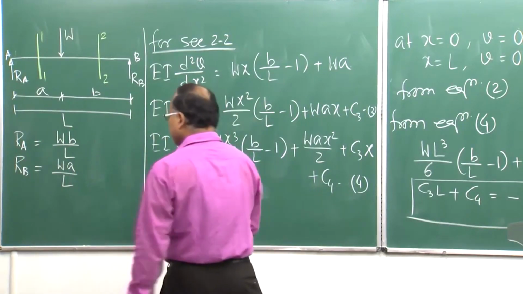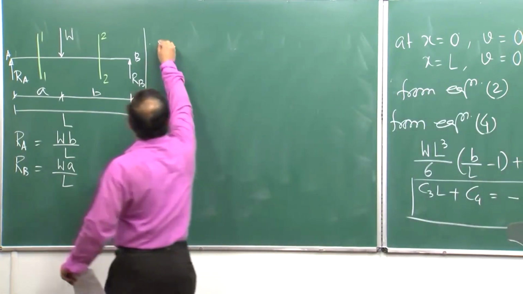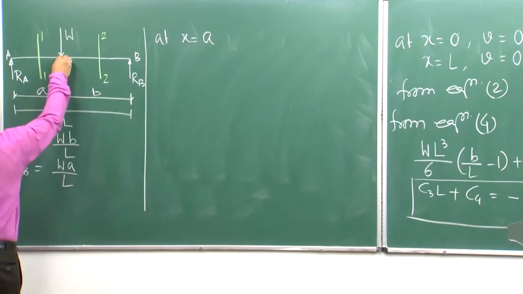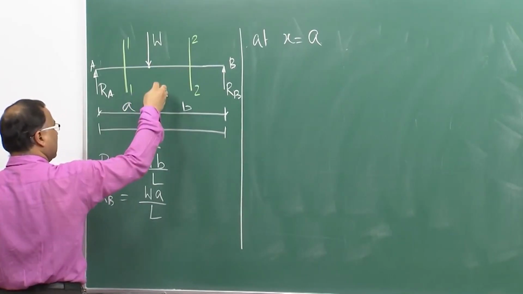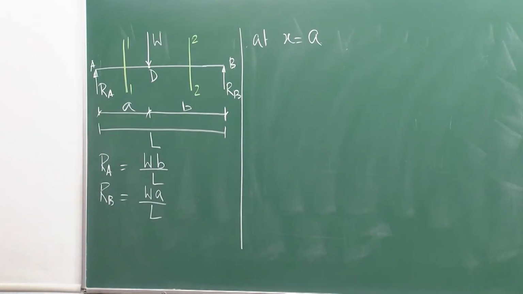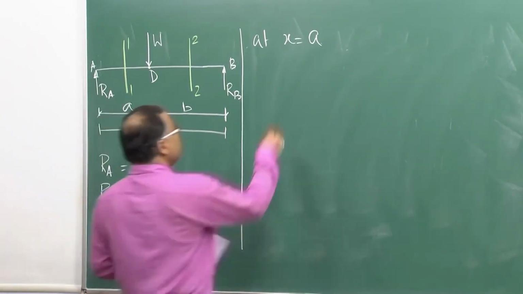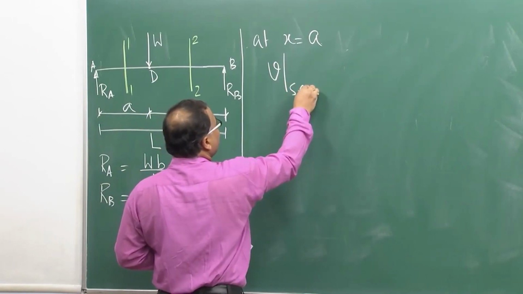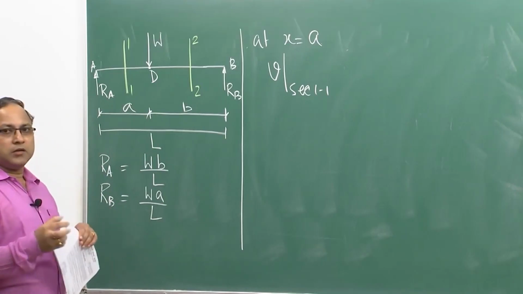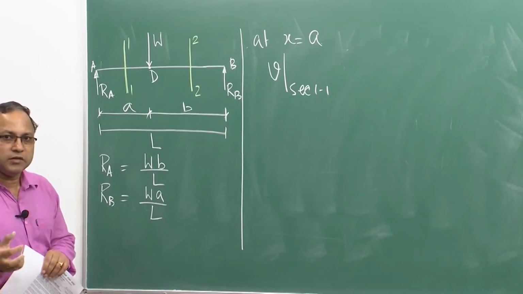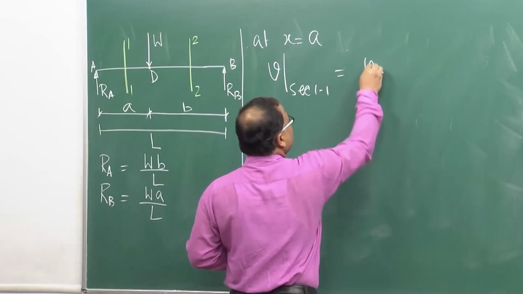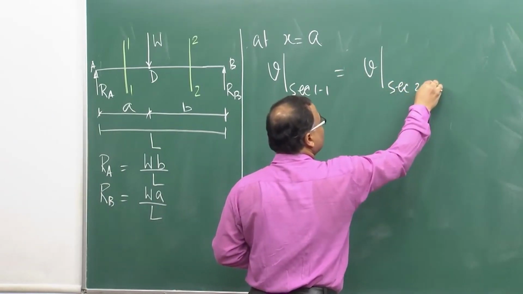Now, at x equal to a, that means when you are at point D, V from section 1-1, that means the deflection for section 1-1, should be equal to the V calculated from section 2-2.